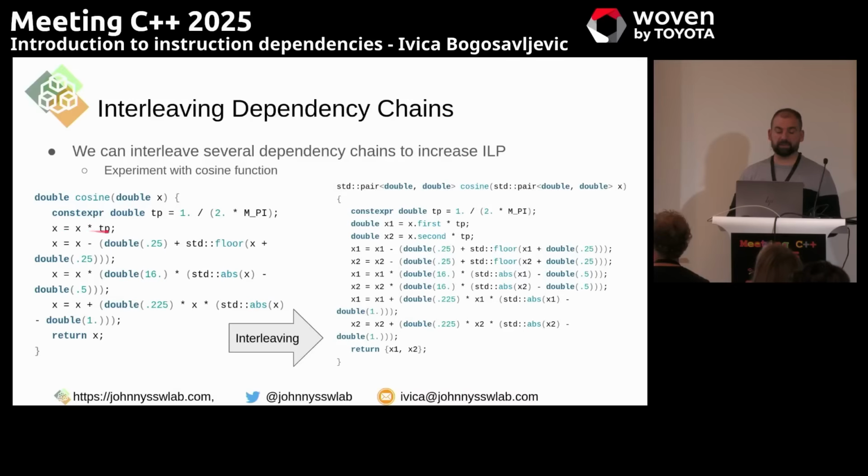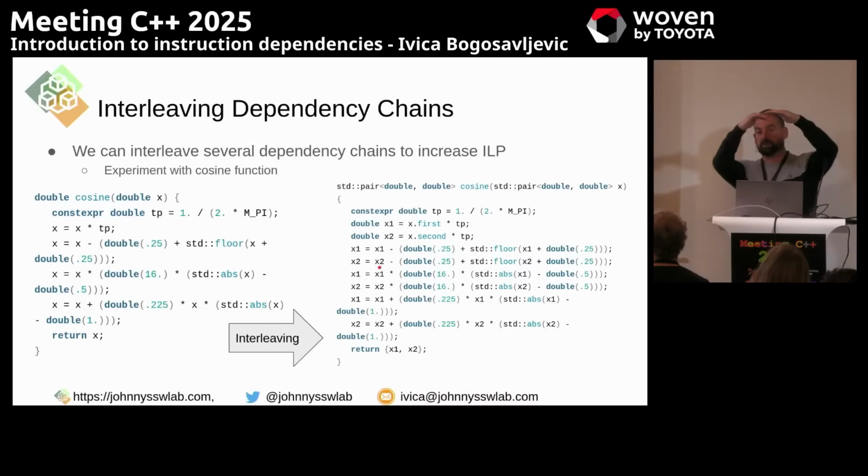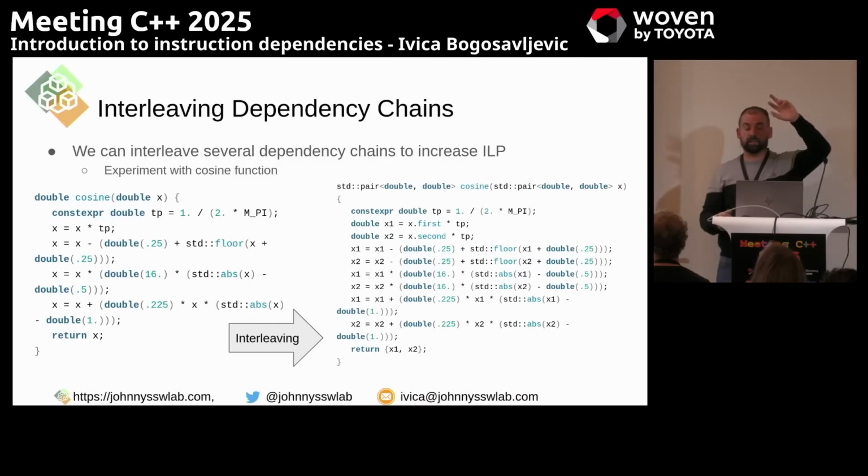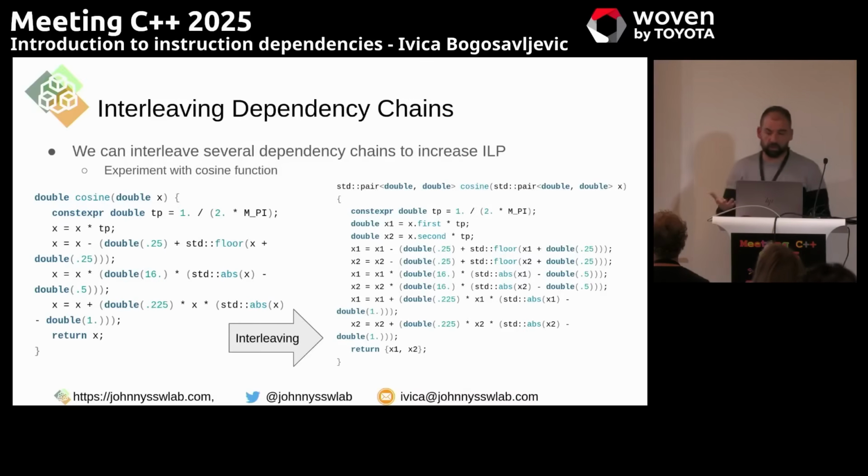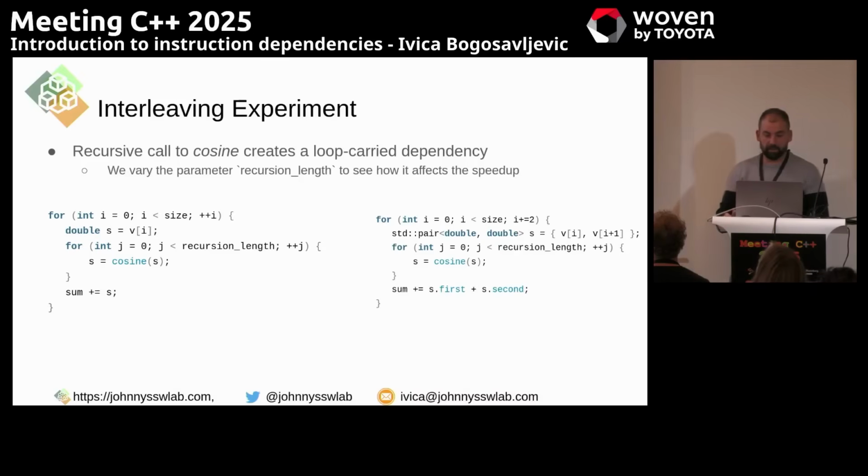So I have x times tp, and I have x first times tp and x second times tp. And I have x equals x minus double 25 plus std floor, and x1 equals x1 minus double blah, blah, blah, and x2 equals x. So there are two dependency chains. One statement belongs to one dependency chain, and the next one belongs to another dependency chain. This is the so-called interleaving. It is the simplest technique, but it actually works really nicely.